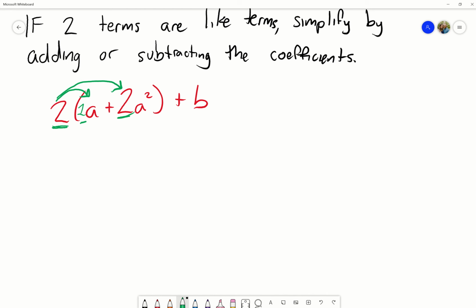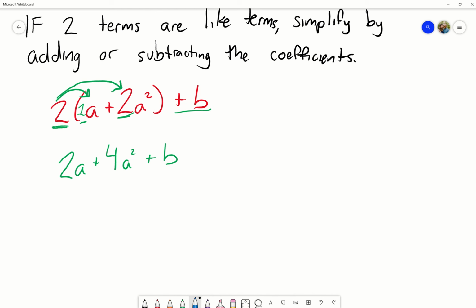Remember, if it doesn't have a coefficient, the coefficient's 1. So I say, all right, 2 times 1 is 2, and then I leave my a, plus 2 times 2 is 4, and I leave my a squared. My multiplying out here does not affect my variables. It just affects my coefficients. And then I have this plus b out here, so I'm going to leave that all by itself.